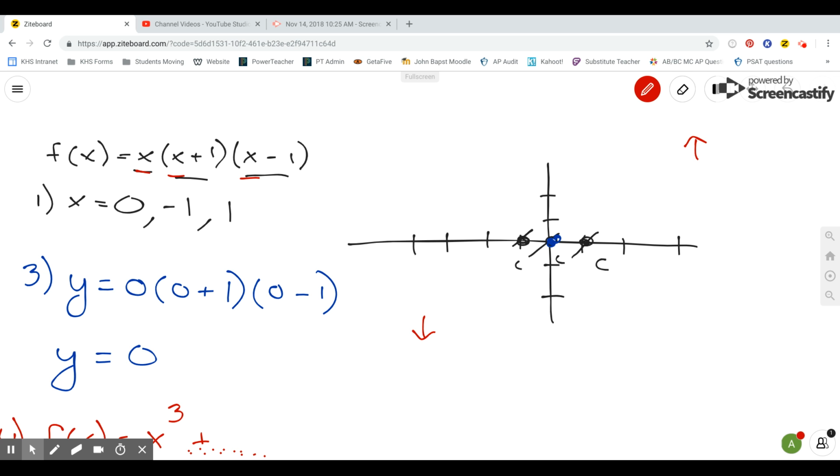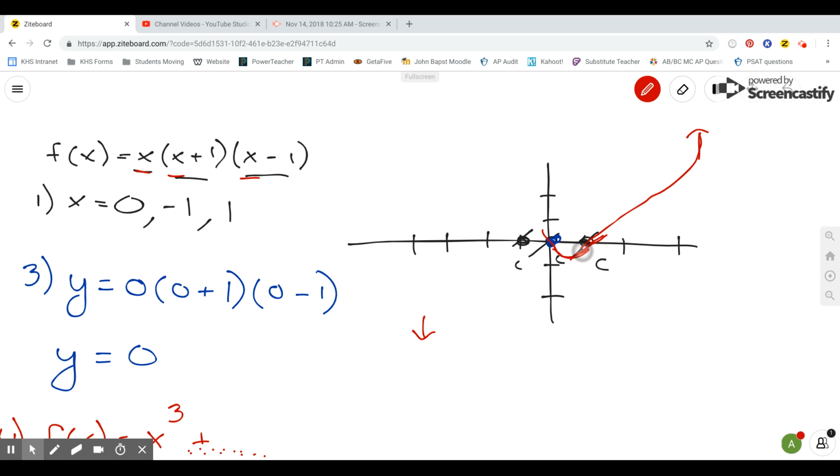So I know I'm going to go from right to left. And I know that I need to be up here with this arrow. So let me fix that. I am going to be up here, and I'm coming down towards this 0. And I know that I have to go through that x-intercept, and I'm not going to bounce off of it. And I see that I need to also go through this x-intercept right there.